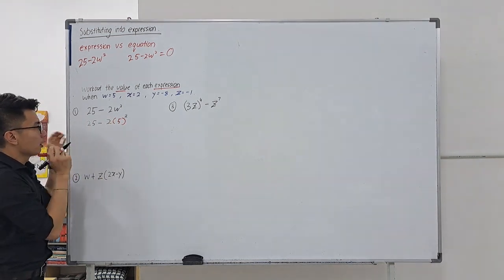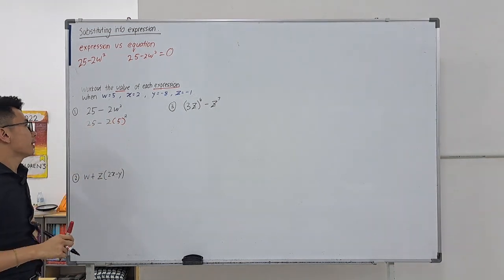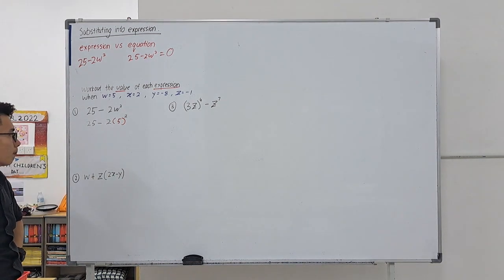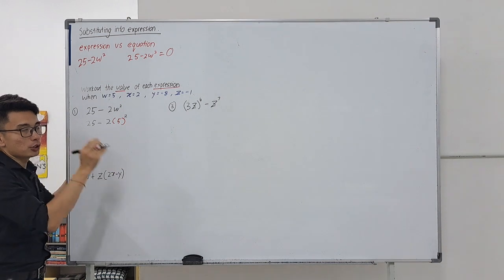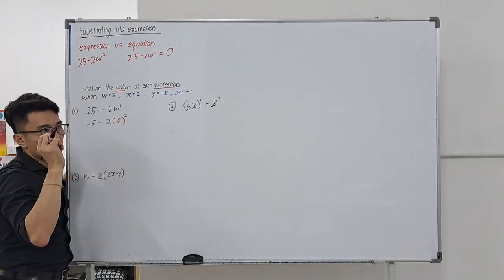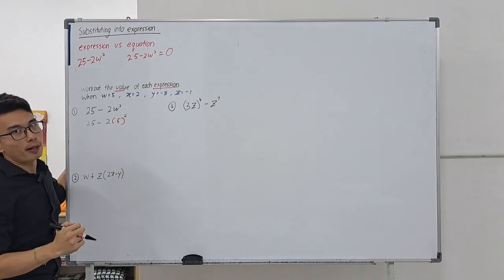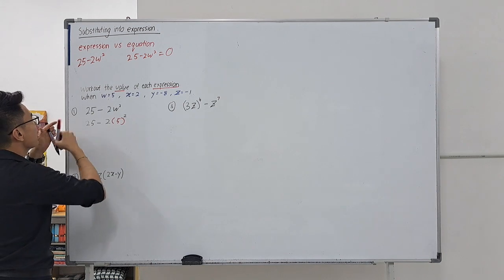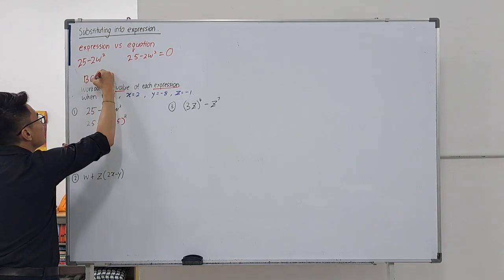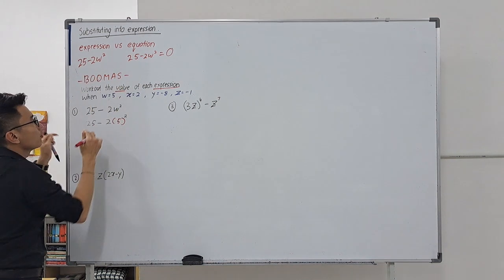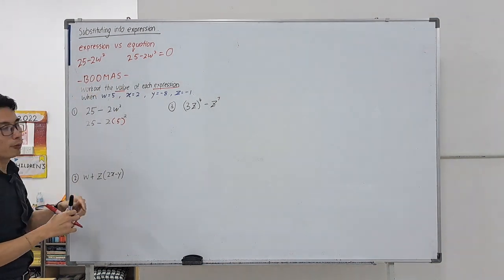Now, by taking a look at this, what should I do now? Before you solve this, you have to remember to always solve by following BODMAS, all right? We have to solve by following BODMAS.